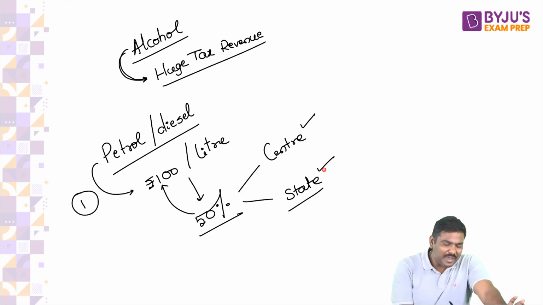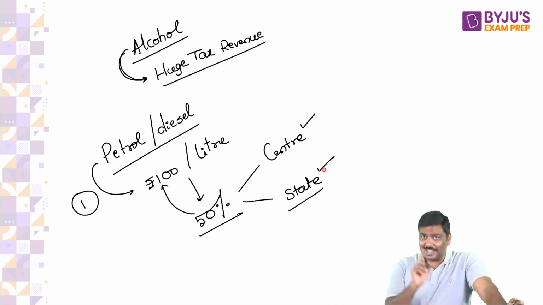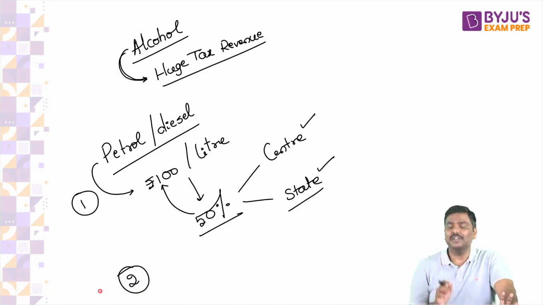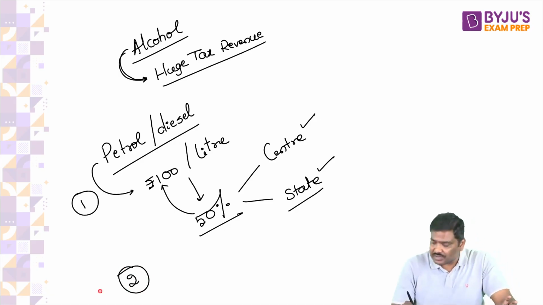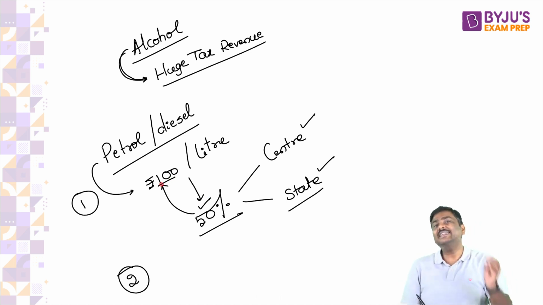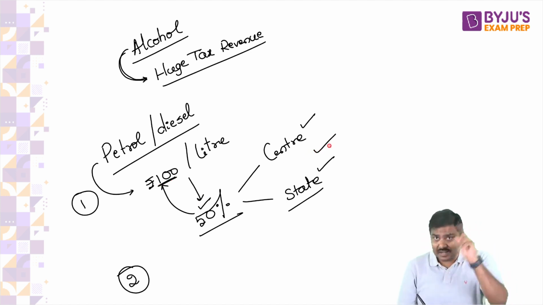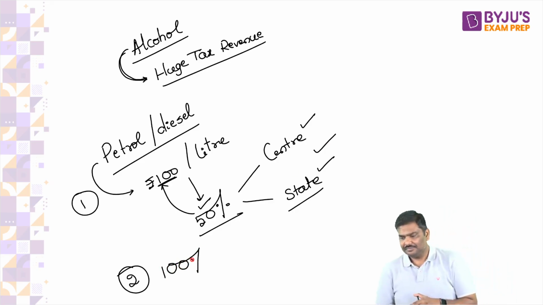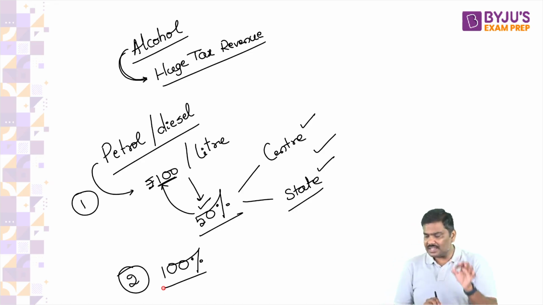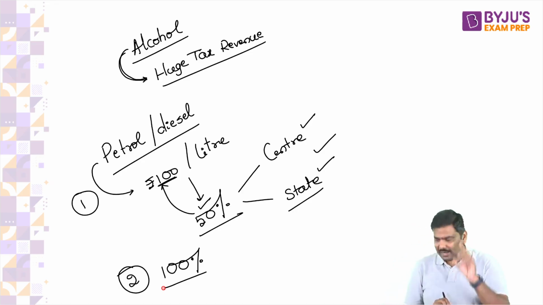Now, can I also make an inference here? Think of it, a CSAT concept. If more than 50% of the market price is because of taxes, can I say the tax rate is more than 100% on petrol and diesel? Think of it and answer. I'll repeat the concept.